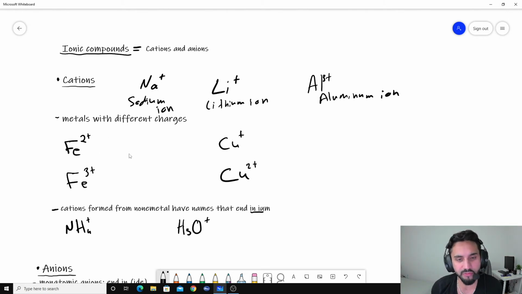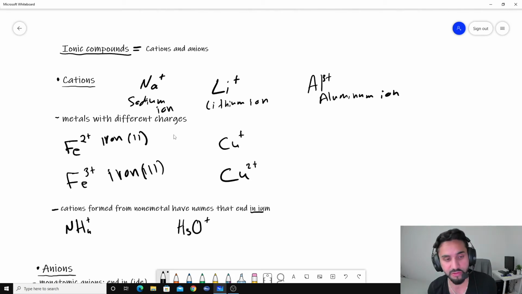How do we name these? Iron 2, iron 3. Notice that I have marked these two irons with Roman numerals right next to them, specifying their charges. Let me not forget ion here and ion here.